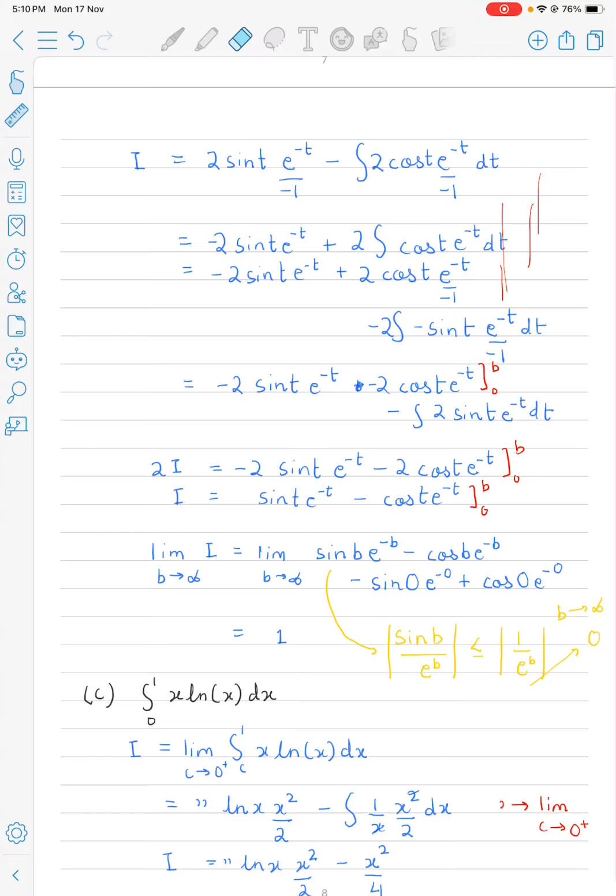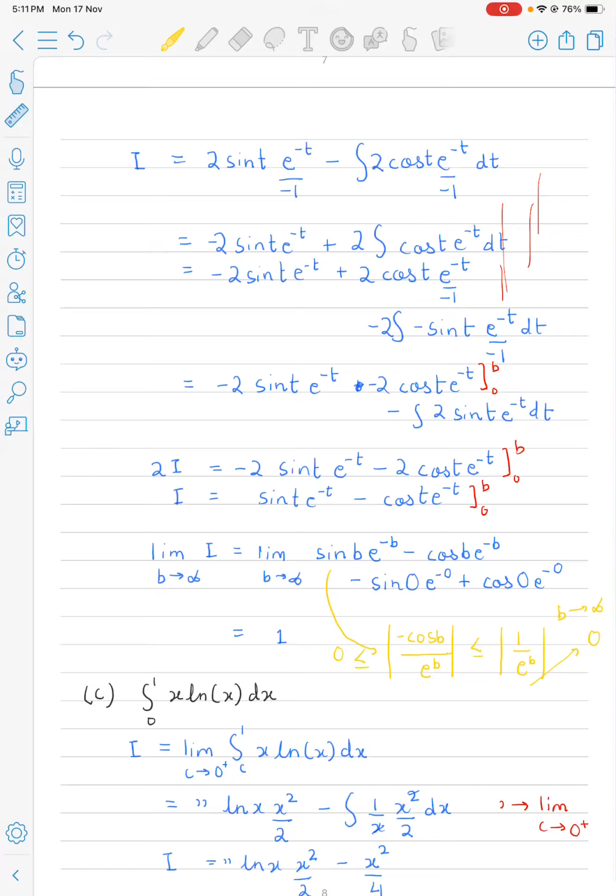Similarly, the second one, minus cos b e^(-b). Sorry, I've taken e^b in the denominator. So this one also goes to 0, for the same reason.